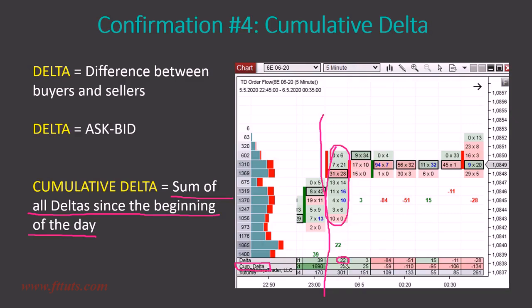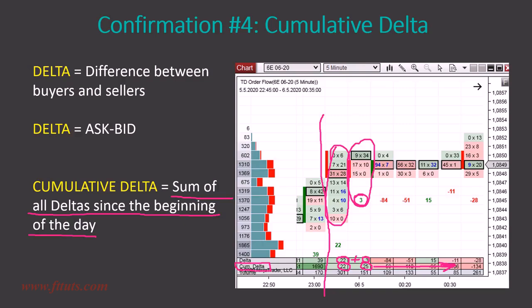So the cumulative delta is also 22. Now, delta from this footprint is 3, and the cumulative delta is 22 plus 3, which is 25, and so on. It continues like that. Alright, this is how cumulative delta gets calculated.